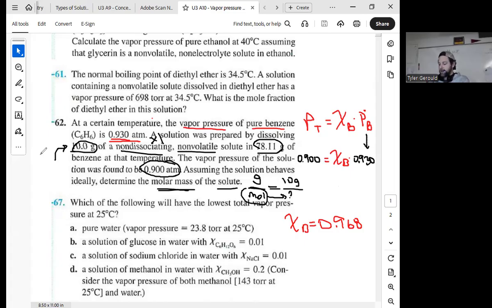And so if I do a calculation of 78.11 divided by the molar mass of benzene, which is 6 carbons and 6 hydrogens. So 6 times 12 is 72, plus 6 hydrogens is another 6. And each of those have a 0.1 on there, so that's going to be 12 of those.